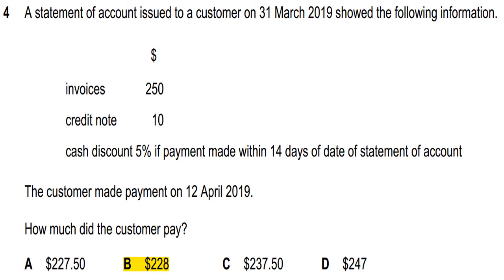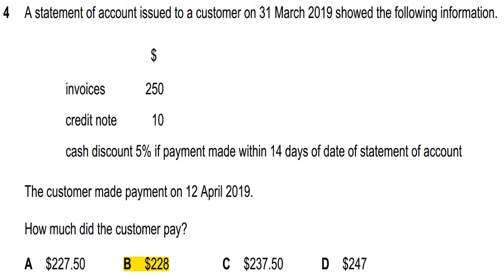It means he has availed the discount. He has made payment within 14 days. How much did the customer pay? The correct option is $228, that is B option.